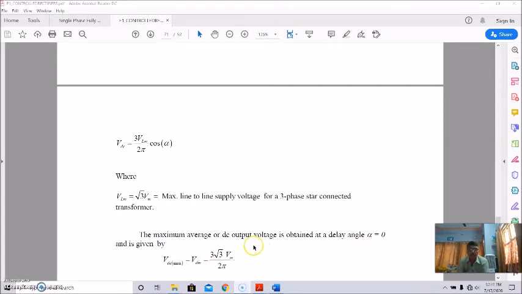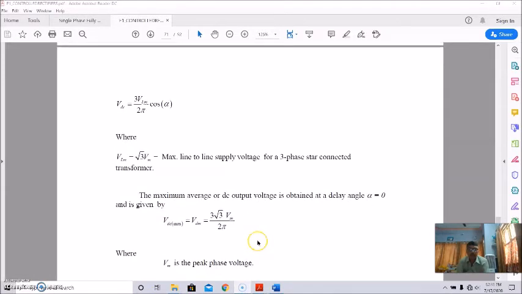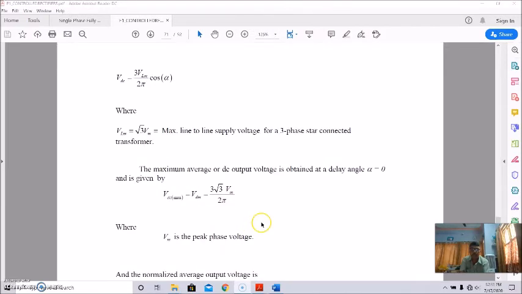So actually the maximum line to line supply voltage for a three-phase star connected transformer. The maximum average or DC output voltage is obtained at a delay angle alpha equal to 0, and that is given as VDM equal to 3 root 3 Vm by 2 pi.